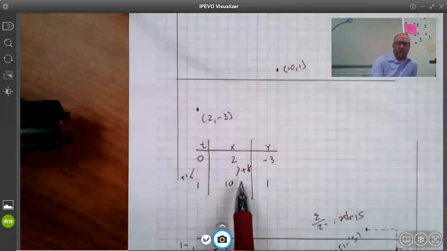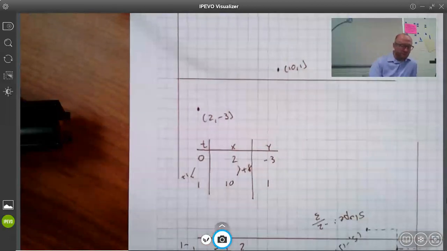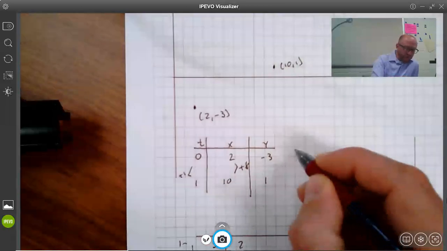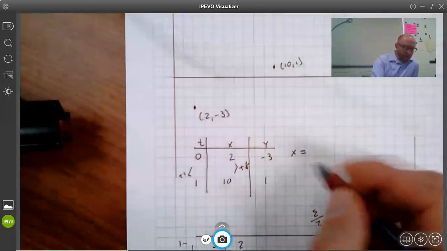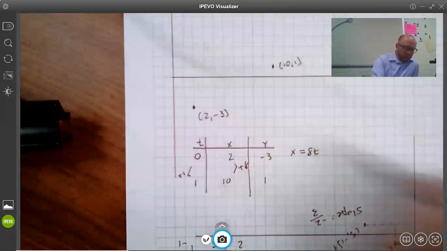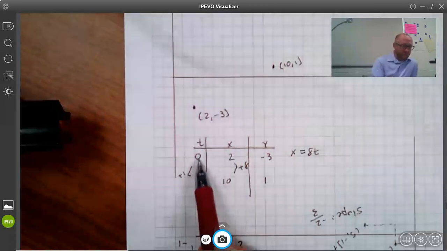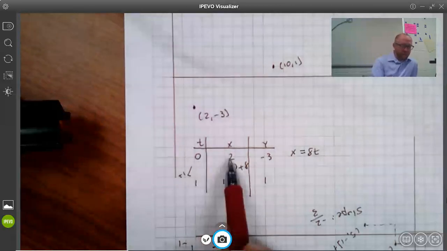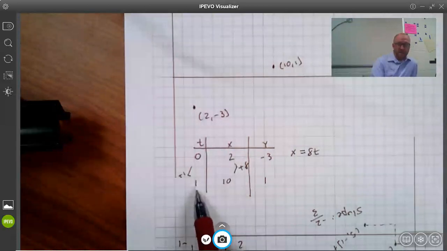So x changes 8 units for every 1 unit of change in t, which means that our x output will be something times 8t. But that's not necessarily going to work, because 0 times 8 is not 2, it's 0.